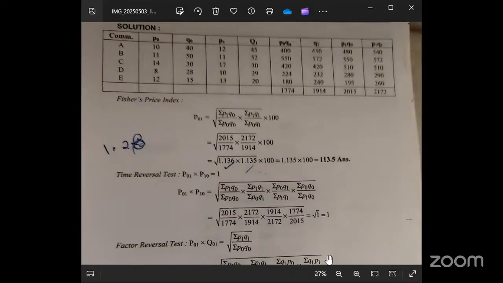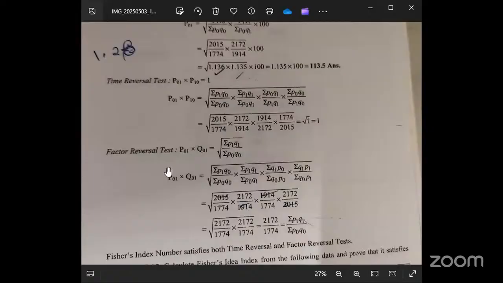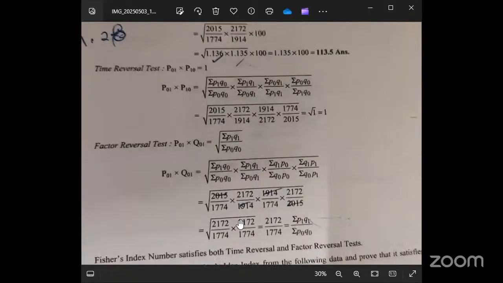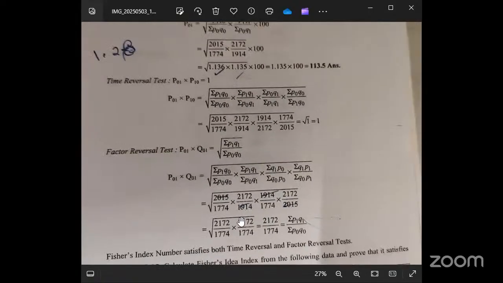So next, see this one. It is also concluded that both tests are satisfied. So now we'll see the next method, that is chain base.